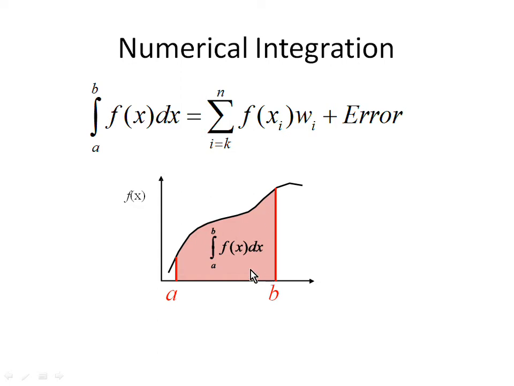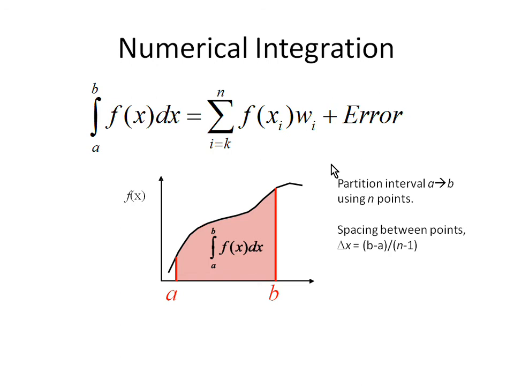under this curve. So what we want to do to solve this numerically is to change this from an integral to a sum of discrete points, and that will also introduce a bit of error. And so the procedure is to partition the interval from a to b using n points, and that will be done by selecting a delta x, a spacing between these points.